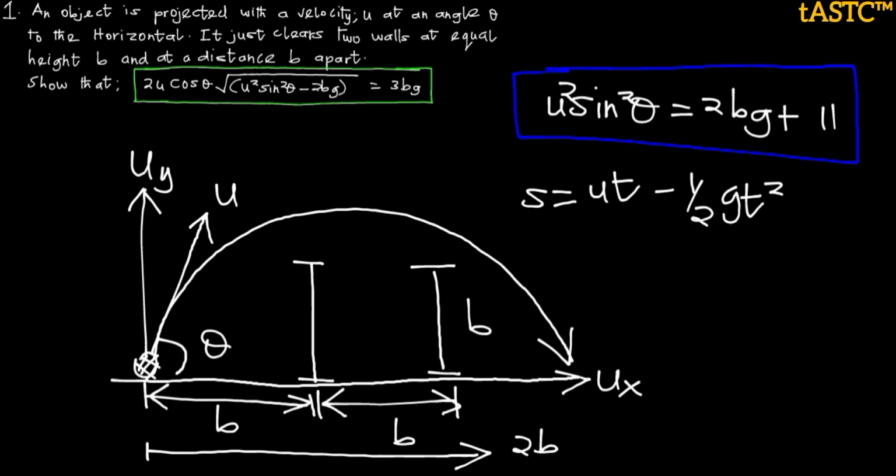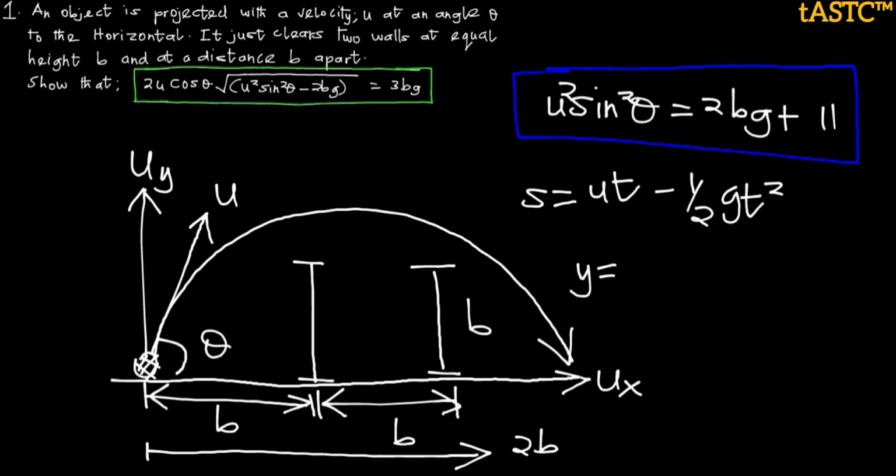Now this is pretty reasonable because we know that this is going to be the distance or the displacement covered. Now if we talk about the vertical distance from this place to whichever point, which is basically going to be the height of the wall, from the ground level to the height of the wall, that is going to be a vertical distance. And so that is in the y-axis.